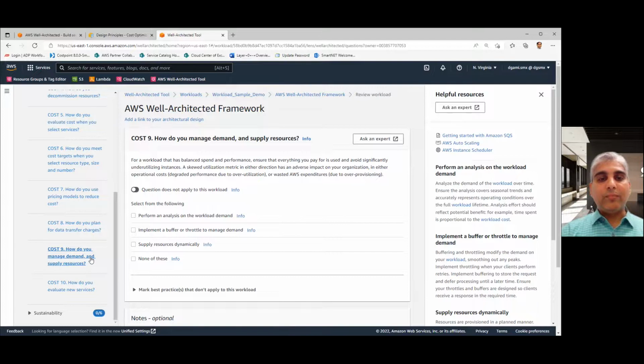Having a buffer or a throttle to manage the demand, if there is a situation where it may be okay to slow things down, you could throttle some of those requests coming in. If you're overloaded, you just put a buffer space in between and you allow things to happen at a slower pace.